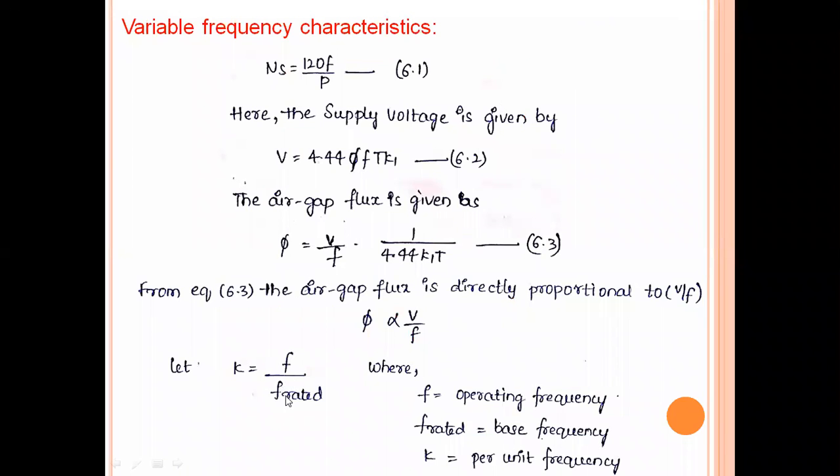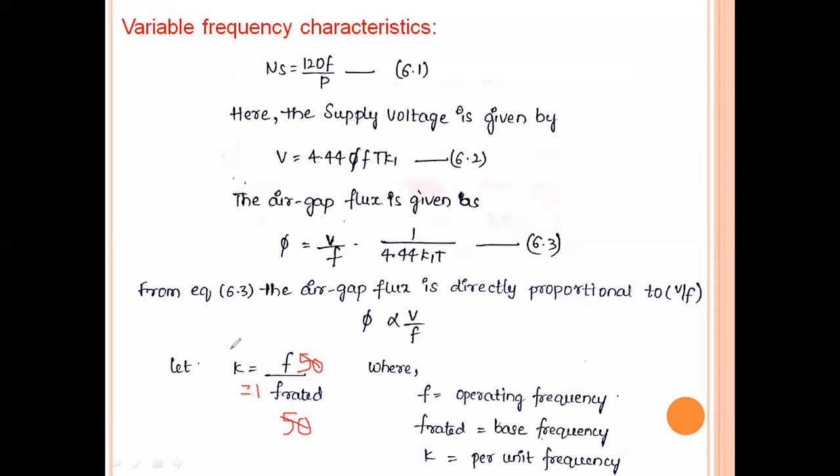We know K is f by f rated. Let us say f rated is 50 hertz. If the operating frequency is 50 hertz, then the K value will be 1. 50 by 50, we get 1.